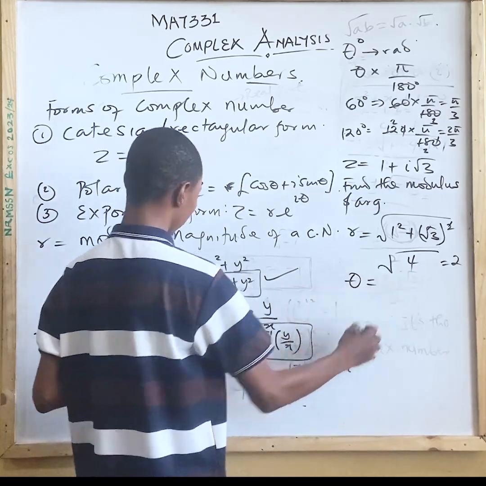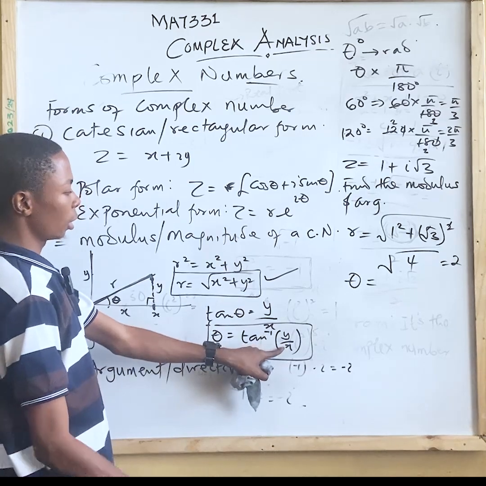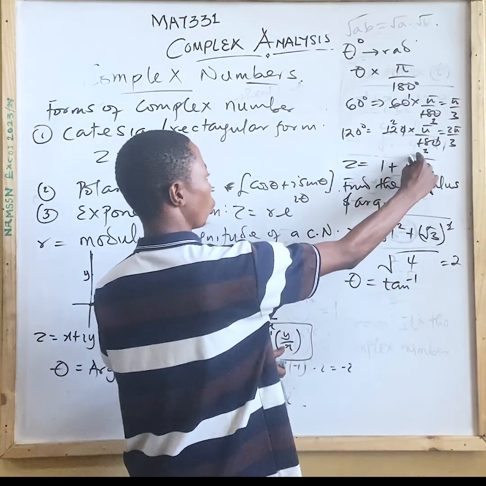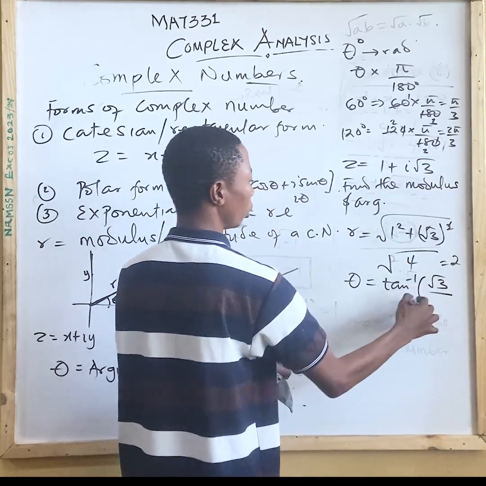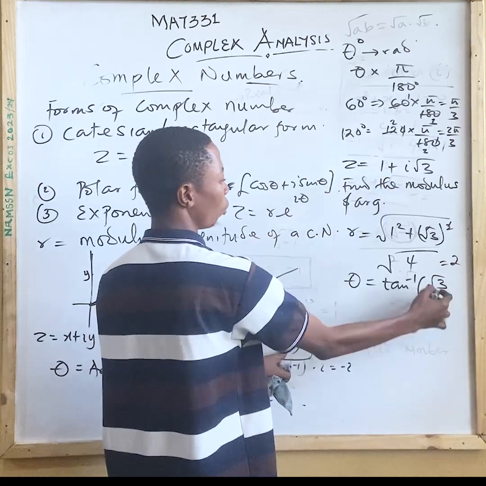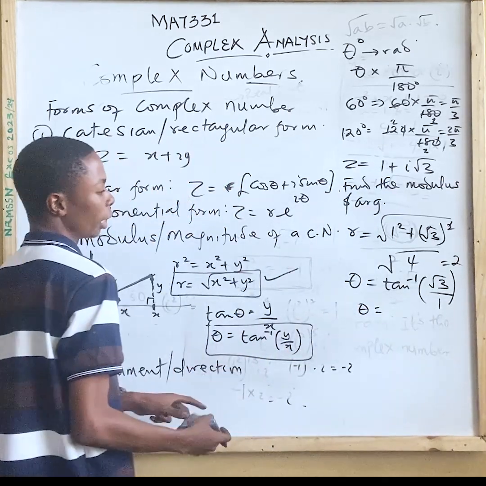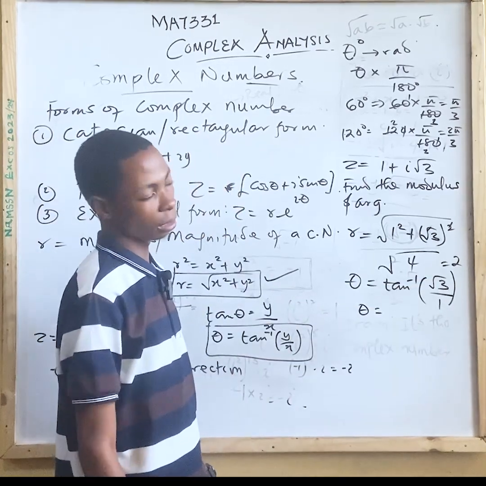And what is theta? Theta is the argument. So theta is tan inverse of y over x. y is always the imaginary part, root 3, all over x, the real part of this complex number, over 1. So tan inverse of root 3 over 1, if your calculator is in degrees, you are going to have 60 degrees.